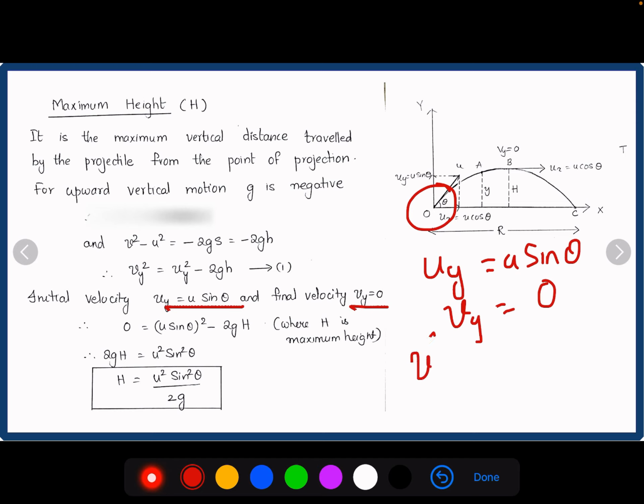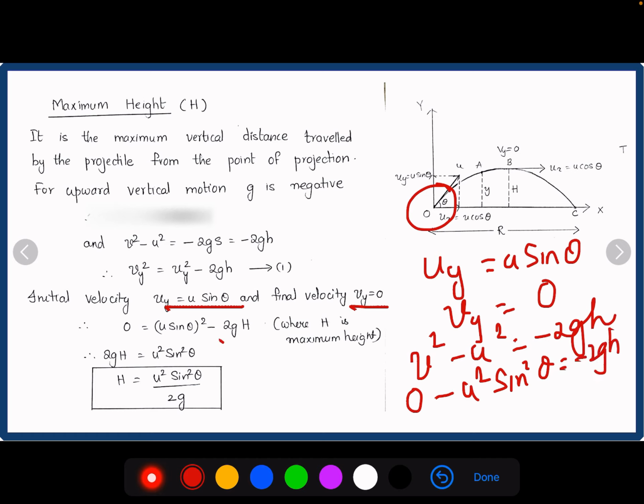Substitute in the kinematic equation, v square minus u square is equal to minus 2gh. v means 0, minus u square sin square theta is equal to minus 2gh. This is what we got. Then 2gh is equal to u square sin square theta. Therefore h is equal to u square sin square theta by 2g. This is our derivation. Simple, very simple.